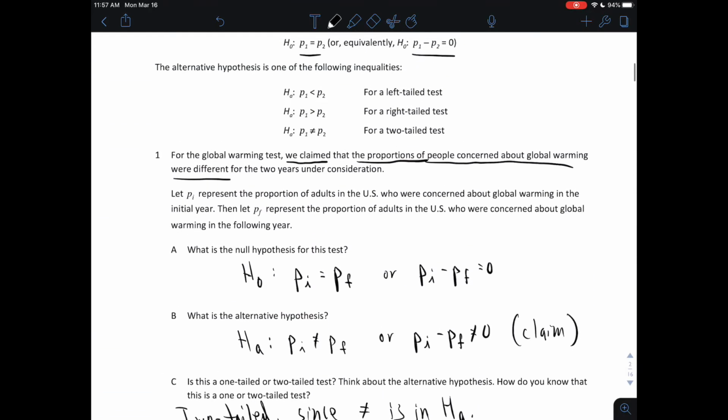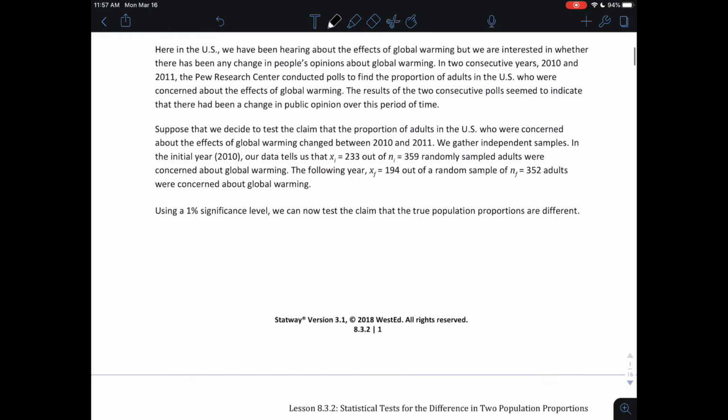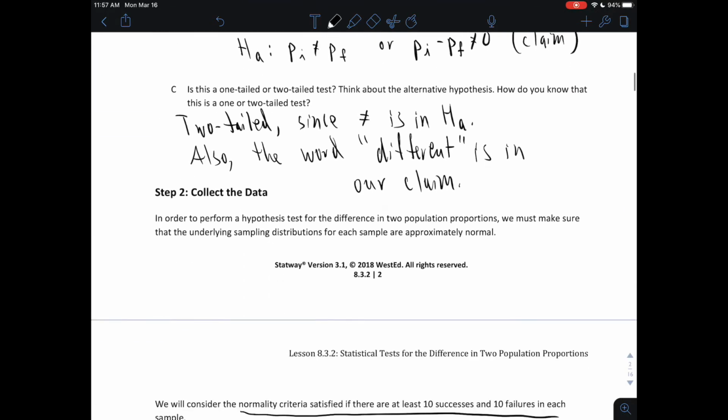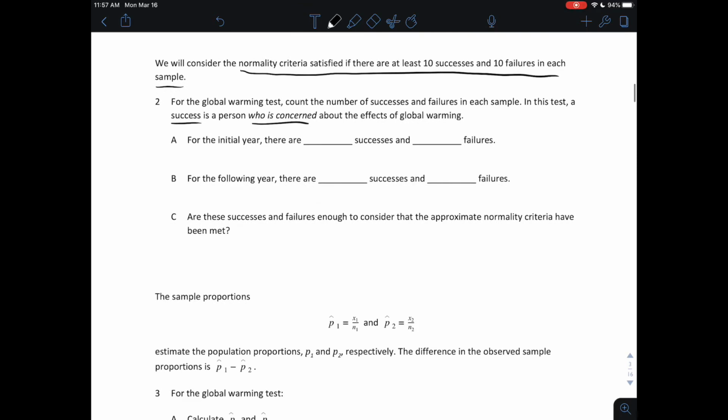If we go back to the details, right below Try These on the first page of the lesson, we can see that for the first year, the initial year, XI is 233. Those were the number of people concerned about global warming. So 233 successes.